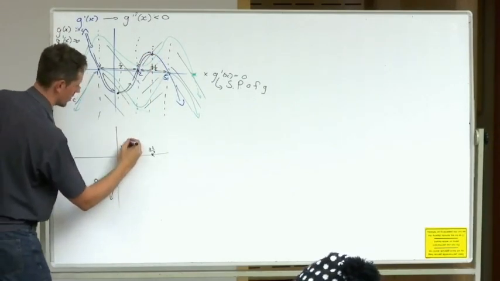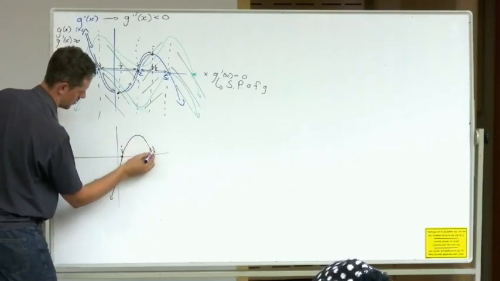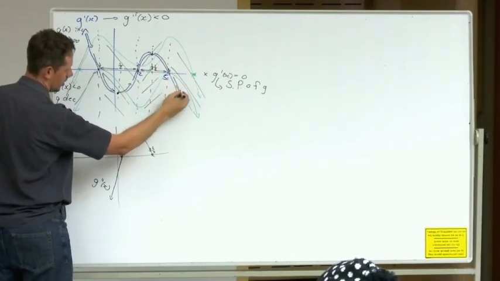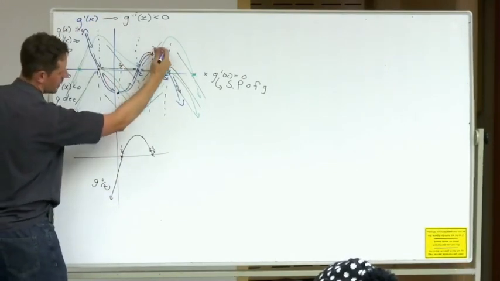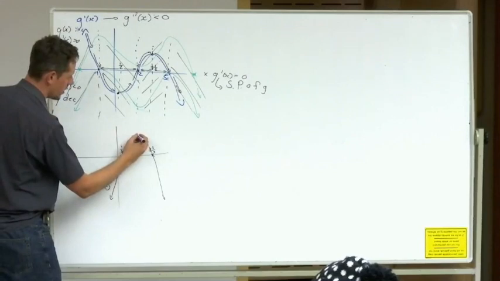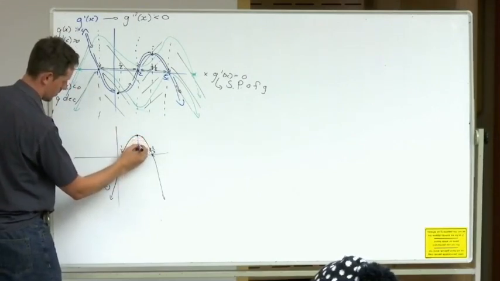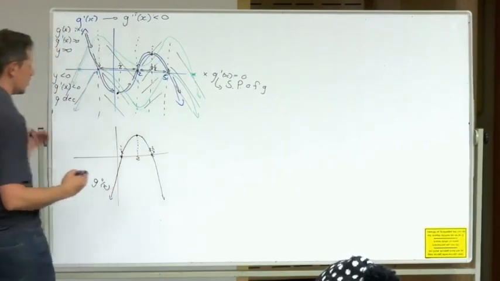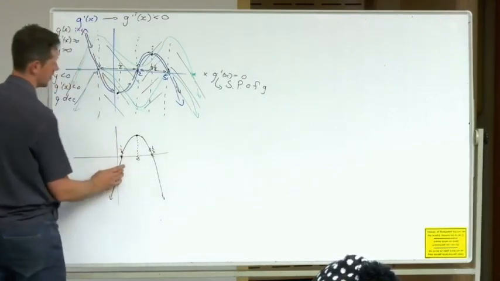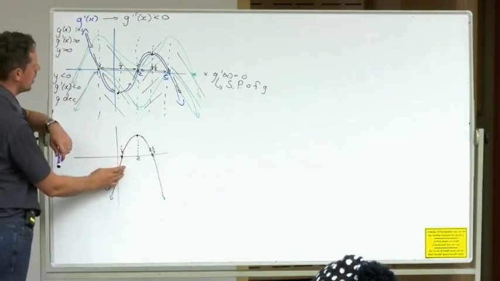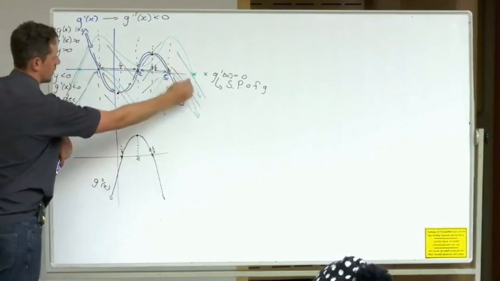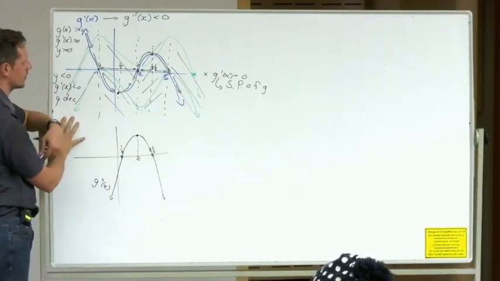So it's positive. Then again from here, my g' graph is decreasing, so it's going to be below. But what is going to be this point here? That's going to be the point 2, which is the turning point of this graph, which is going to be a point of inflection for this big graph, for the green graph.